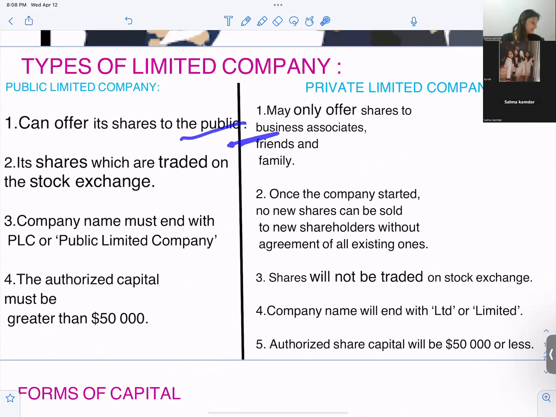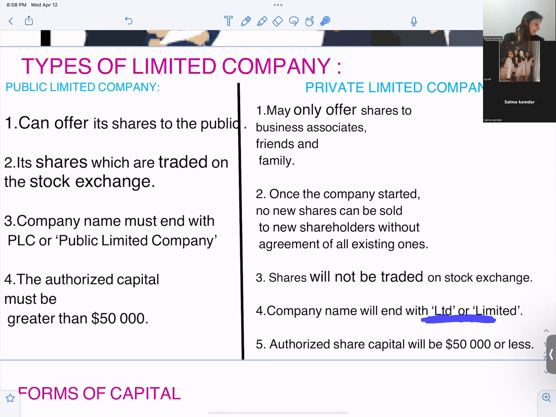Then private limited company, one sec. The private limited company will end with limited or LTD. Okay.